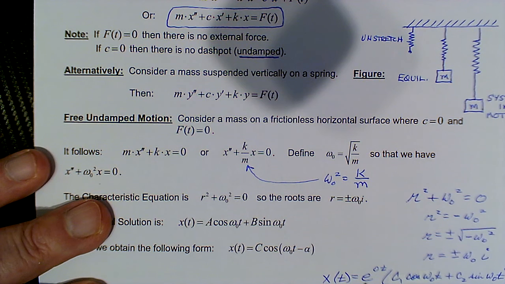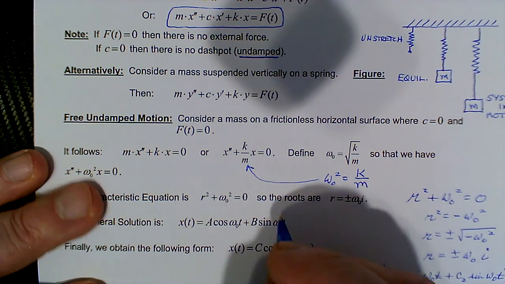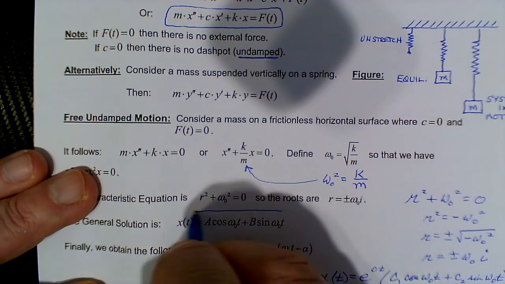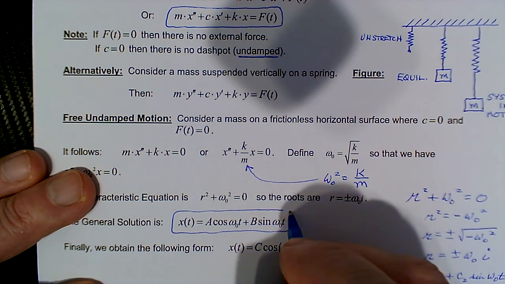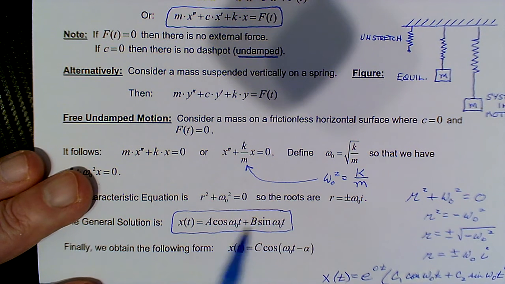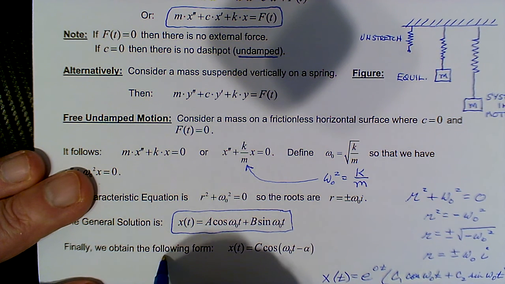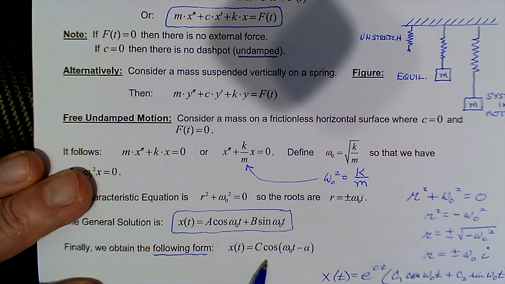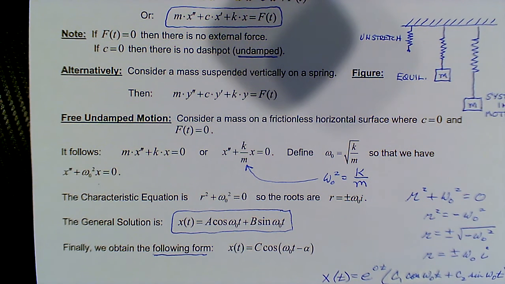And e to the 0t is just 1, and if we replace c1 and c2 by a and b respectively, here's our new equation. And notice that that's the equation that we started with on the previous page, where we were able to transform it into the following form by our identities. Okay, so that's the idea.